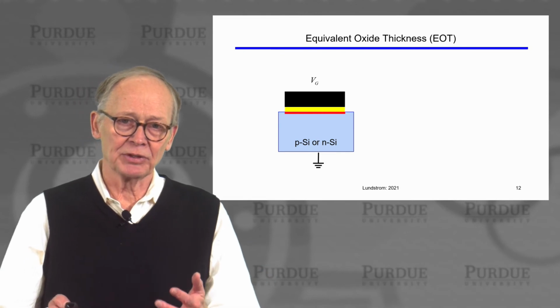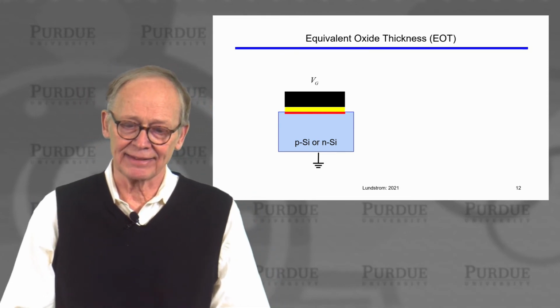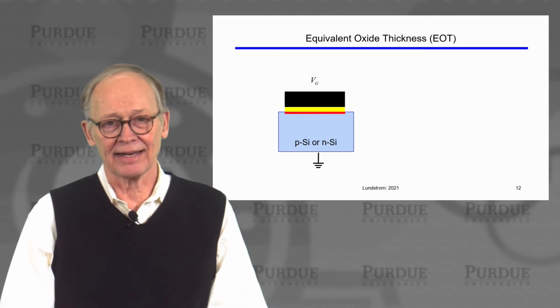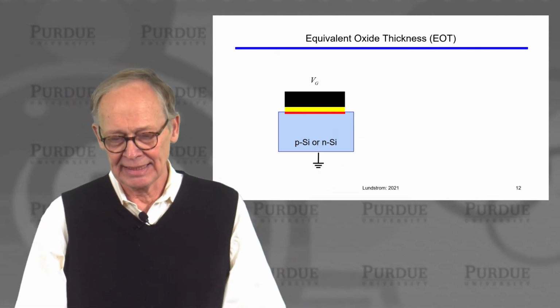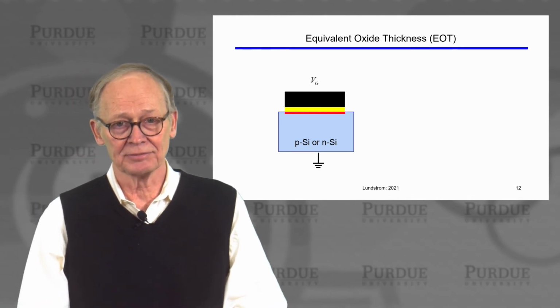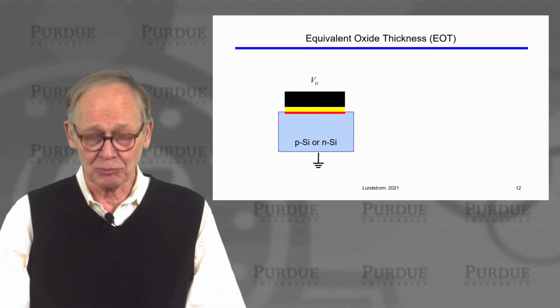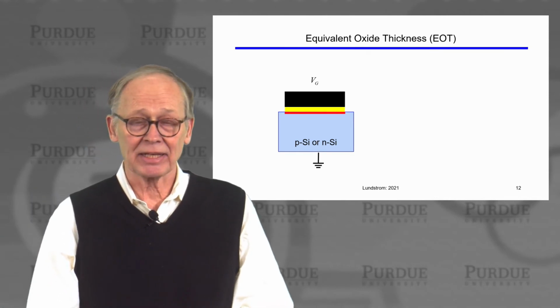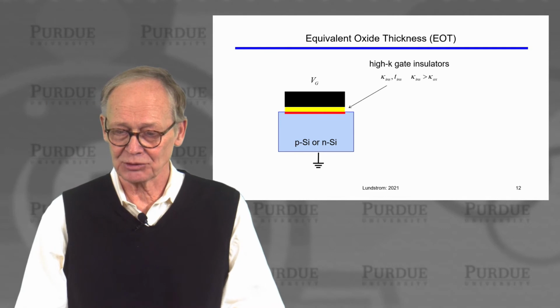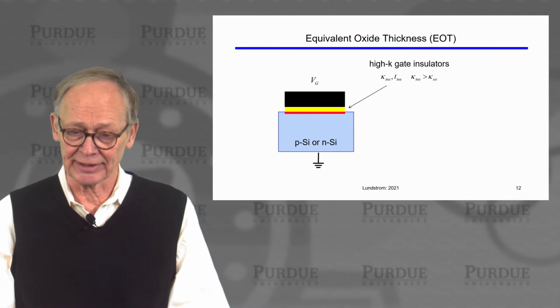You'll hear people refer to something called the equivalent oxide thickness. I've been mainly assuming that we're using silicon dioxide for these MOS systems. And for most of the history of MOSFETs, that was the insulator for MOS systems. More recently, semiconductor engineers have gone to higher dielectric constant materials, so-called high K gate insulators.